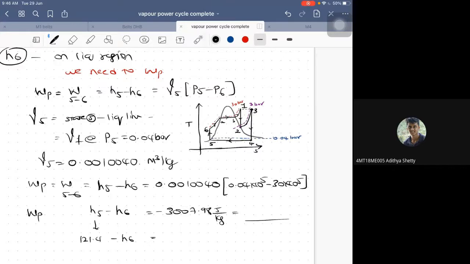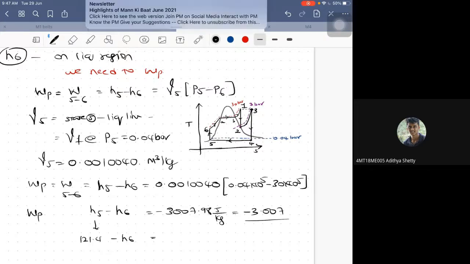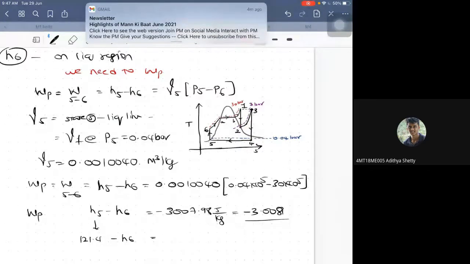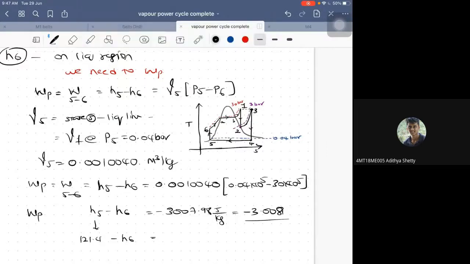So how do I convert into kilo? It is minus 3.00798, which I will round to 3.008 kilojoules per kg. Am I right? Yes. Okay, now just pick that particular value, it is minus 3.008.